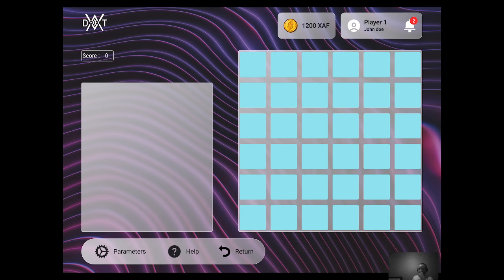So now let's focus a little bit more on the educational or pedagogical aspect of this game. First of all, we want to strengthen our ability to memorize and remember quickly. That's one of our goals with this game.